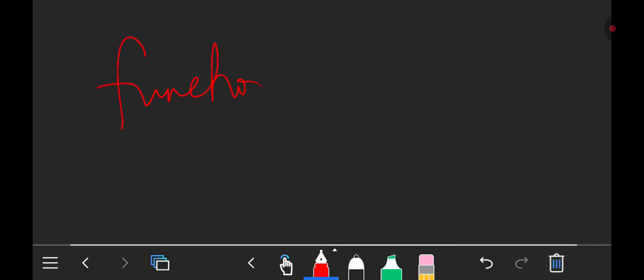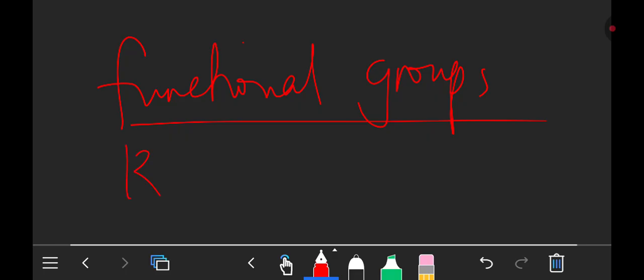functional group of carboxylic acid, when you're talking about a functional group, we are just talking about a group of atoms that determines the physical and chemical properties of a certain compound or molecule. So when you're dealing with the functional group of a carboxylic acid or alkanoic acid, the functional group is simply this chain, okay?